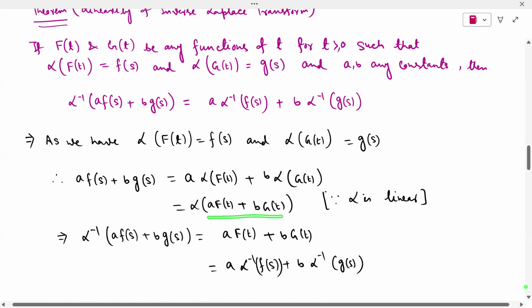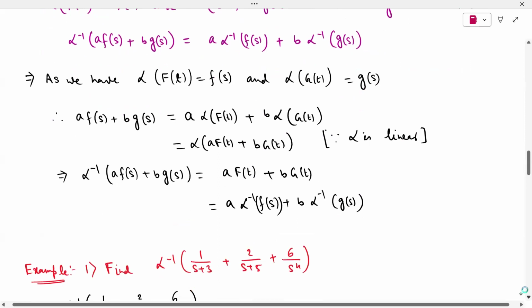So this becomes Laplace transform of a f(t) plus b g(t). Now we can take this Laplace transform to the other side as an inverse. So Laplace inverse of a f(s) plus b g(s) can be written as a f(t) plus b g(t). Again, f(t) is the Laplace inverse of small f(s) and g(t) is the Laplace inverse of small g(s). In this way you can prove this. Now see some examples.